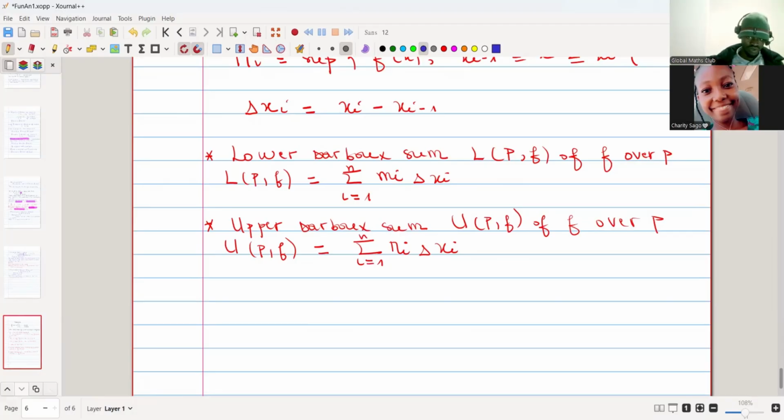Now, what is the lower double integral of f over [a, b]? It is denoted like this.